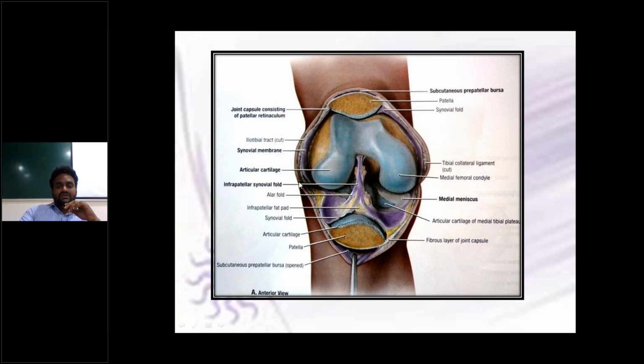Regarding the knee joint, we can say two structures like this: number one, cruciate ligaments, and number two, popliteus muscle. This popliteus muscle we can compare with the biceps brachii of the shoulder joint. Here also the popliteus muscle, like the cruciate ligaments, is intracapsular, extra synovial. So these are present outside the synovial cavity. Is it clear? So this is about the synovial membrane.